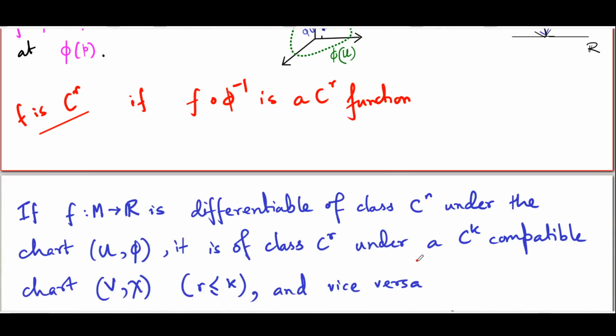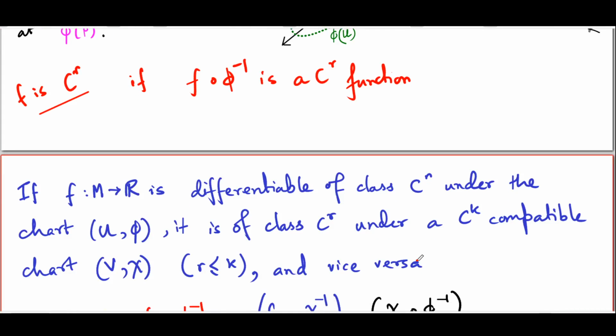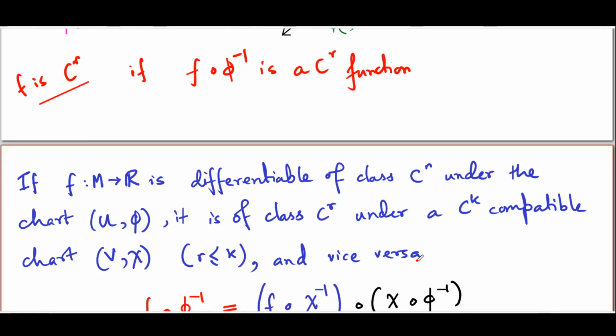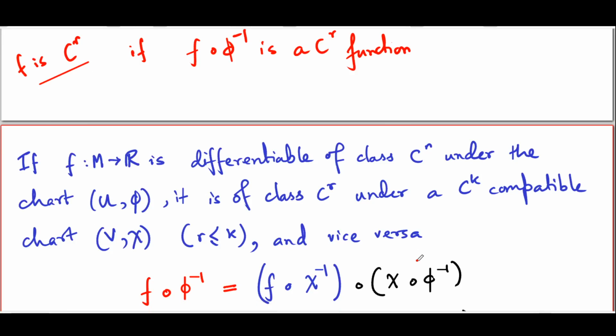If f from M to R is differentiable of class Cr under the chart U, phi, it is also of class Cr under a Ck compatible chart V, chi as long as r is less than or equal to k, and vice versa. It works also the other way around. That is, if f is differentiable of class Cr under chart V, chi, it is also Cr under chart U, phi. And the reason behind that is simple.